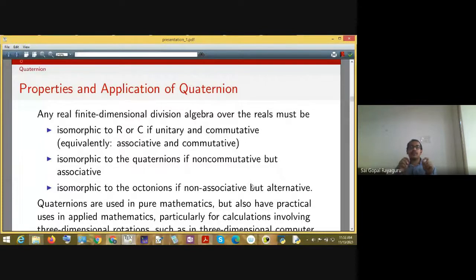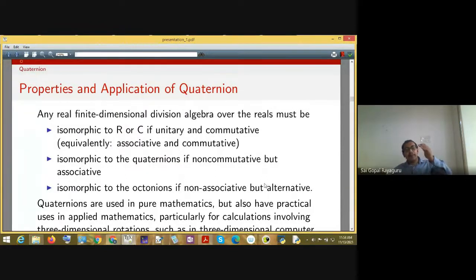When we multiply x, y and z, in associativity x(yz) equals (xy)z. But in the octonions, that equality is actually lost, and the weaker property that holds is called alternative.